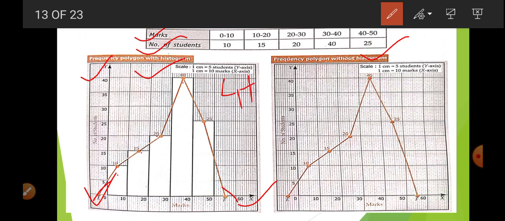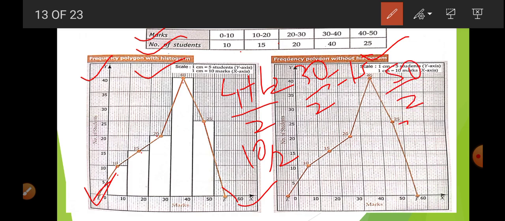L1 plus L2 upon 2: 10 plus 20, so 30 upon 2, that is 15; 30 plus 20, 50, 50 upon 2, that is 25; then 40 plus 50, so 90, 90 upon 2, 45. Okay, so we are going to draw it.